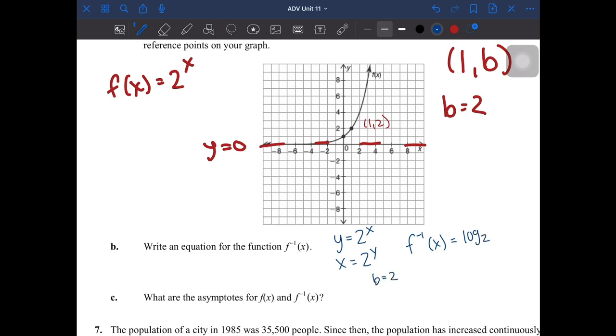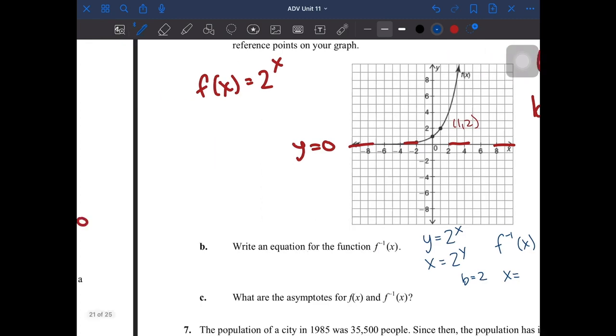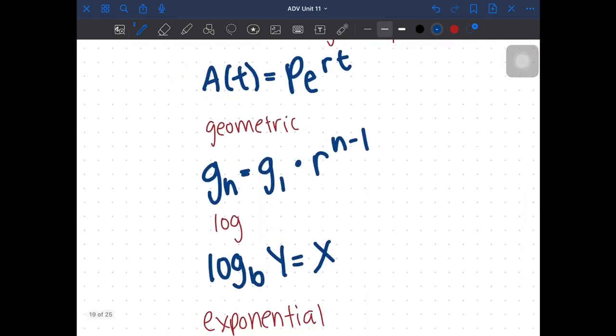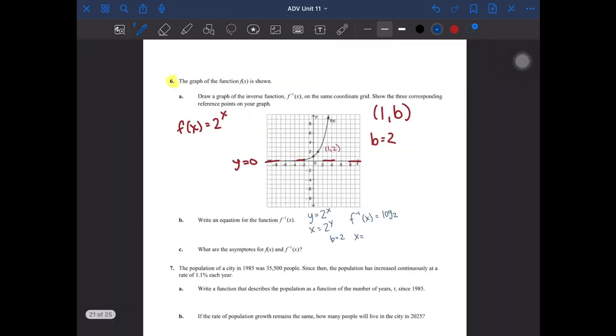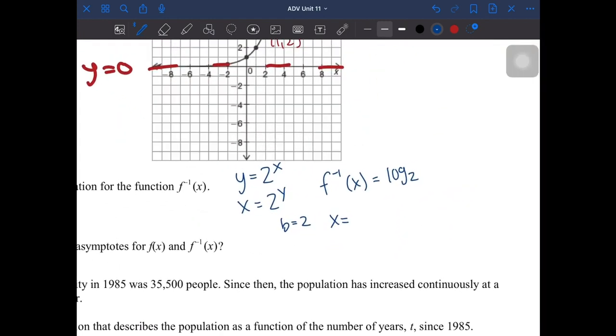Base is 2. If we come back over to our equation, we notice here that the exponent is y, and the other value is x. I know it's a little bit confusing. I mean, it's just what we're working with right here. Okay, so then to write the log, remember it's going to be log base b of y is equal to x.